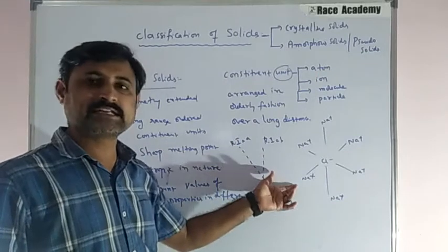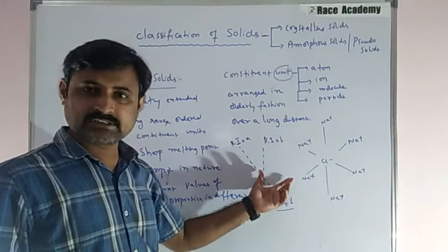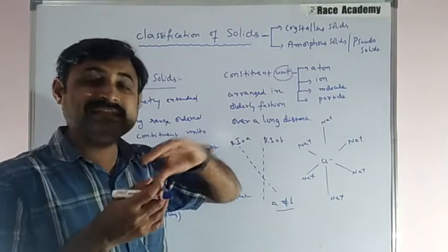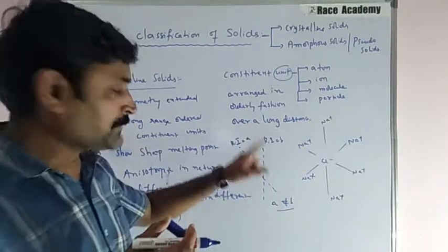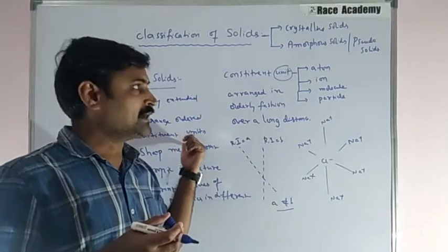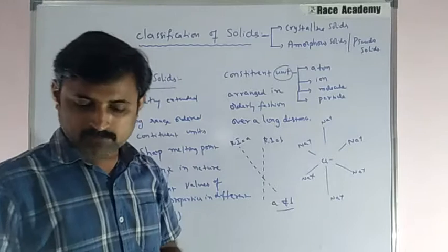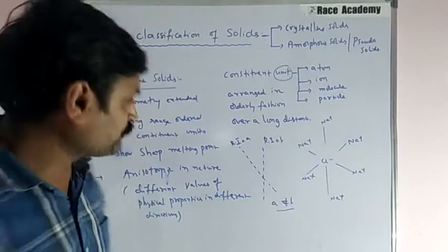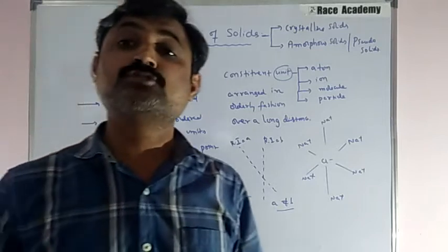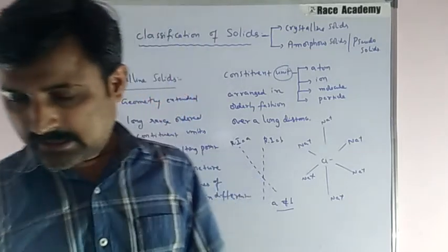Likewise, thermal conductivity, electrical conductivity and other physical properties, when you study the interior of the solids, are definitely different for crystalline solids and the same for amorphous solids. That is the most important characteristic property of crystalline solids we can understand.